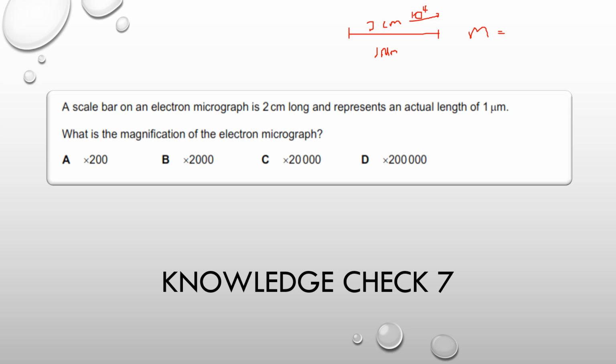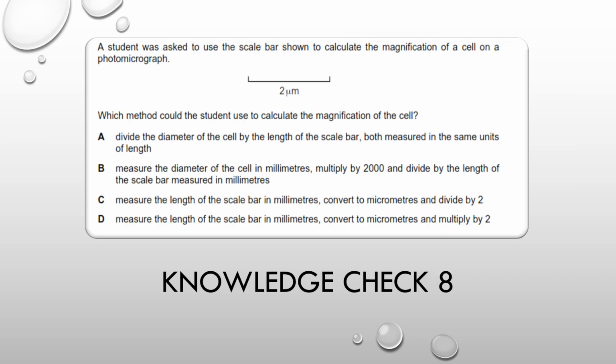So that means this is going to be 20,000 micrometers divided by 1 micrometer. That will give you times 20,000. The answer is C. Look at it again, don't waste time. You shouldn't miss this.